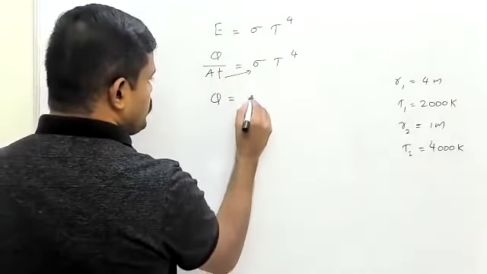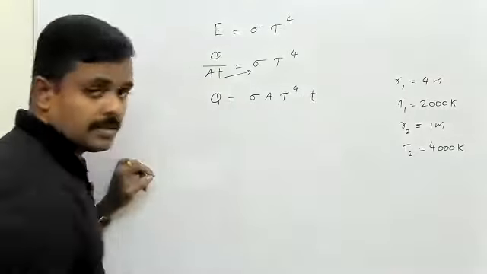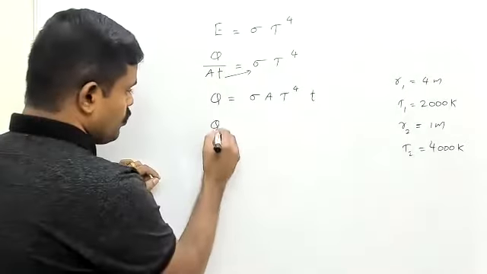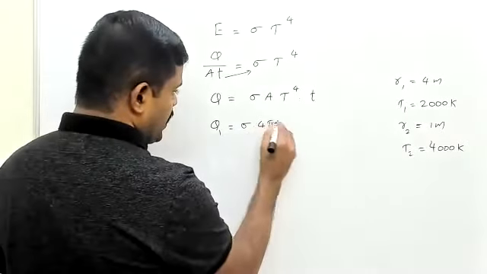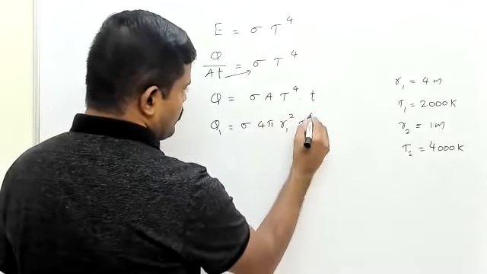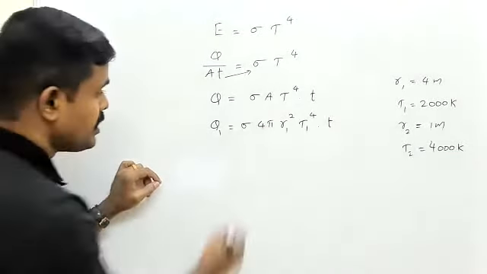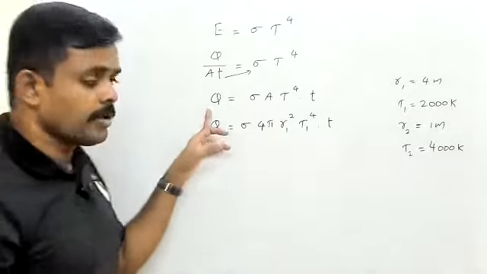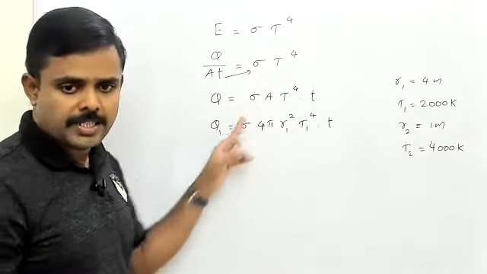Q is equal to sigma A T raised to 4 into t. So Q1 I can write as sigma 4 pi R1 square T1 raised to 4 into t. I've just modified this equation. The area of a sphere is 4 pi R square.